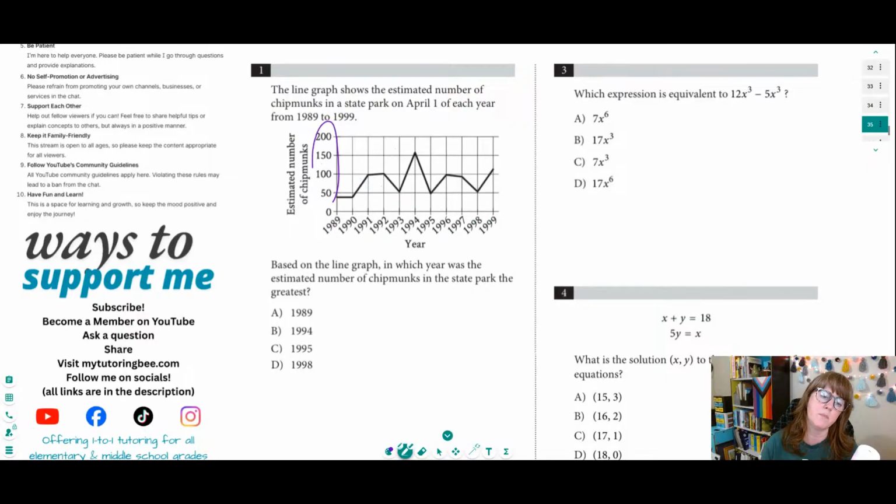We've got the number of chipmunks on the y-axis. So we're looking for that highest point on this graph. So right here, we see this highest point, and they're asking which year did that happen. So it looks like we're looking at 150, maybe 150 plus chipmunks, but the year corresponds to 1994. So that is that one.